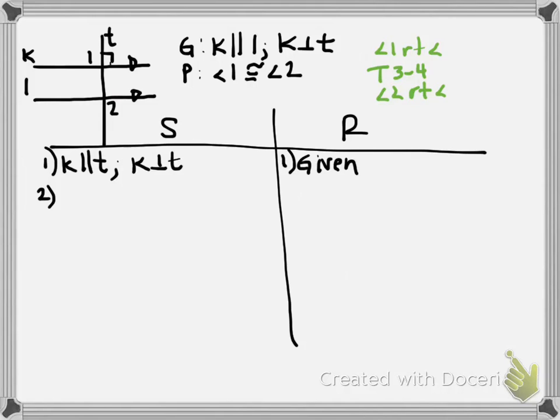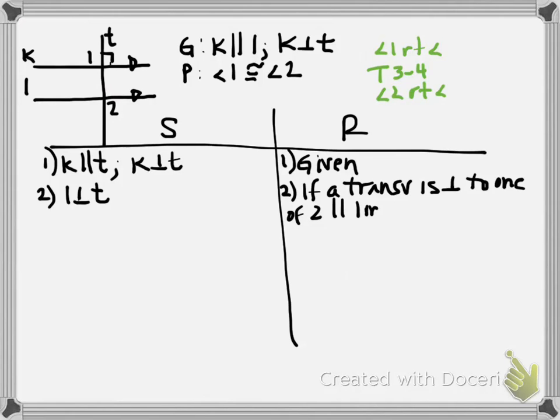So the first thing I want to do is use that Theorem 3-4 to get line L parallel to line, oops, sorry, that's not what I wanted. I want to get it perpendicular. And that would be, if a transversal is perpendicular to one of 2 parallel lines, then it is perpendicular to the other one also.